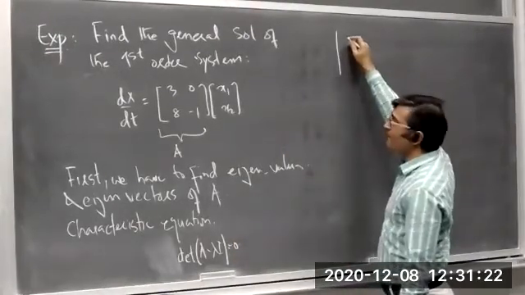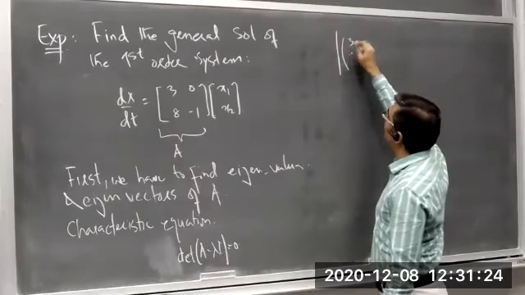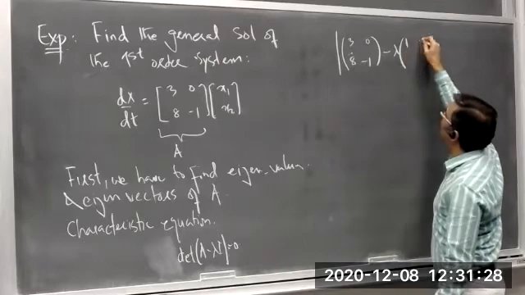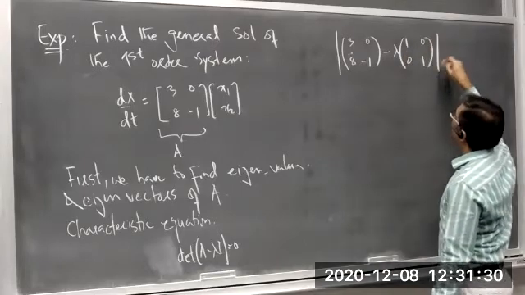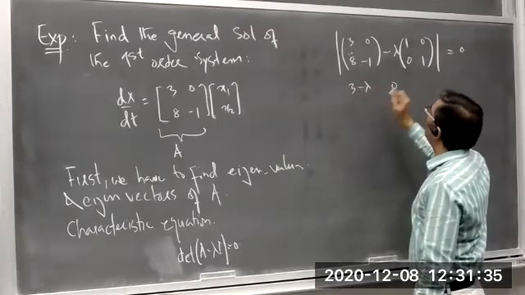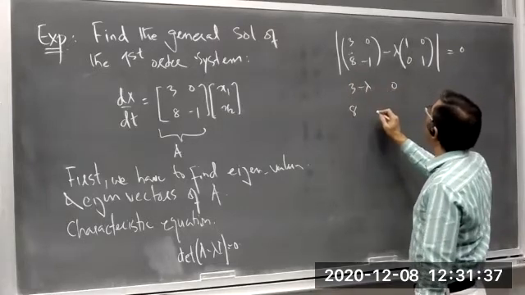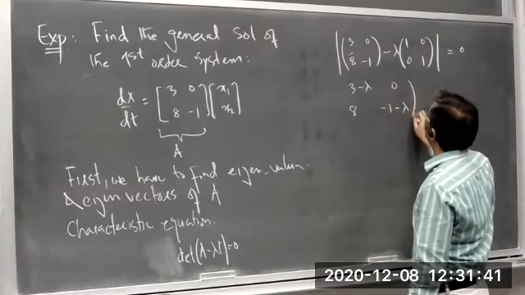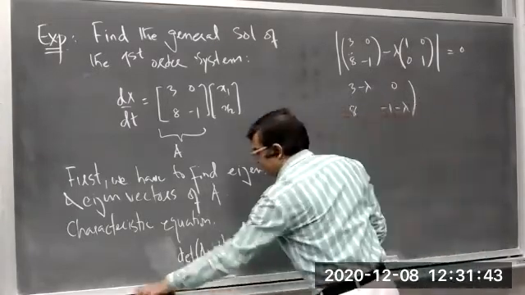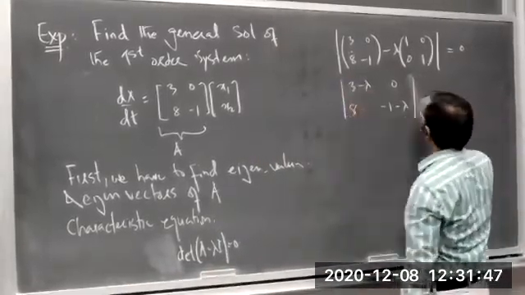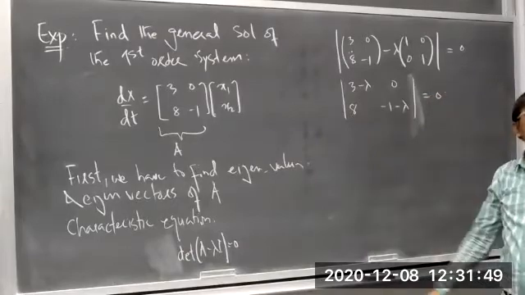A is [3, 0; 8, -1] minus lambda times I, [1, 0; 0, 1], and its determinant is equal to 0. So it is the determinant of [3 minus lambda, 0; 8, minus 1 minus lambda]. So its determinant, we get this equal to 0.